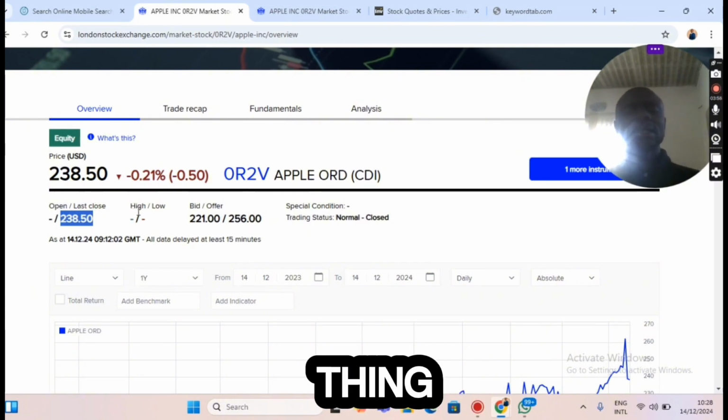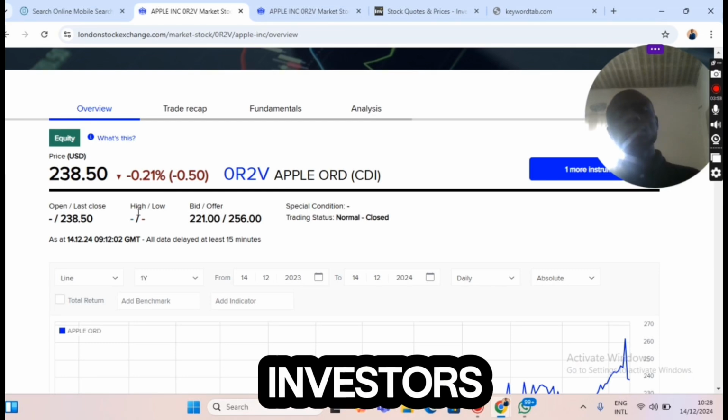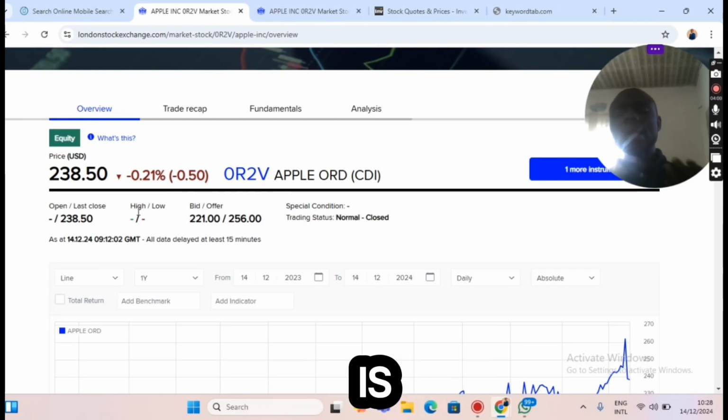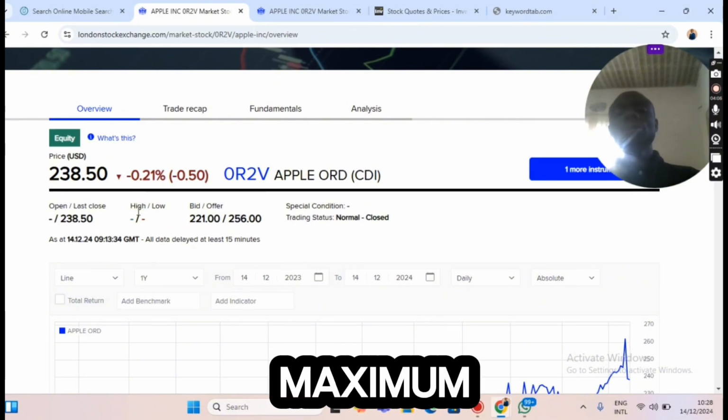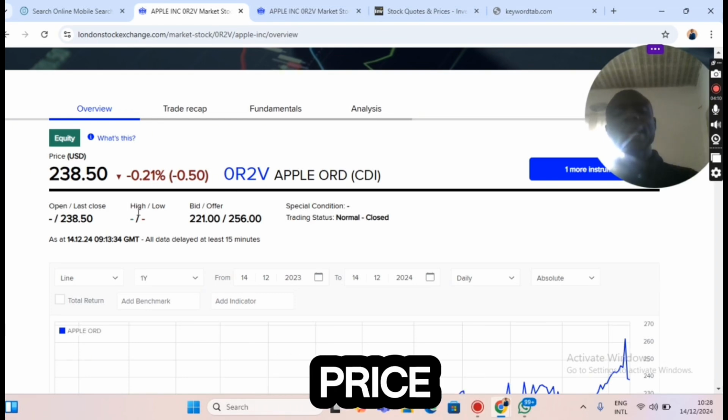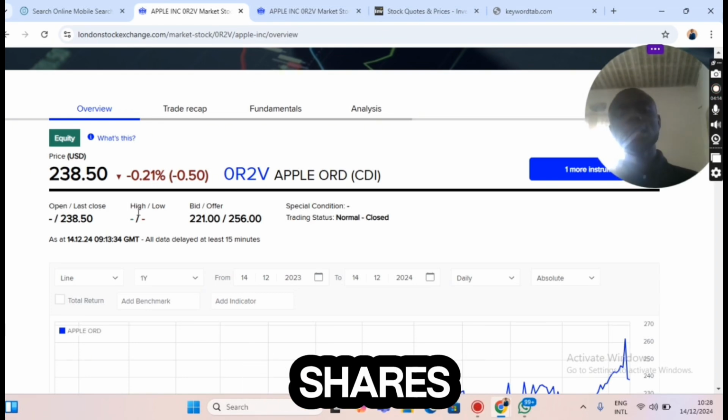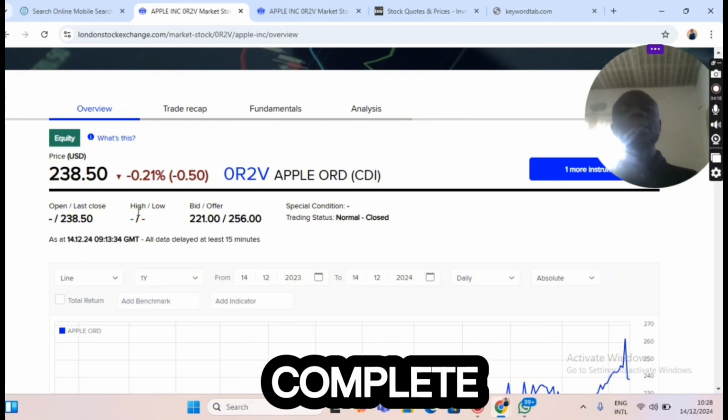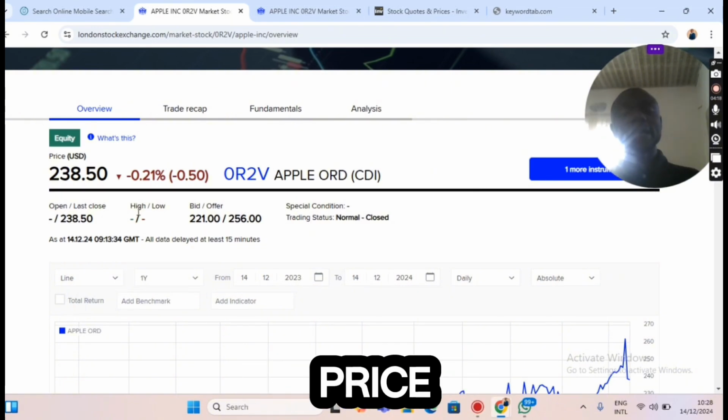Now, investors will look at all these things. Another thing is high slash low. High means the maximum current price of this particular company's shares within 52 weeks.